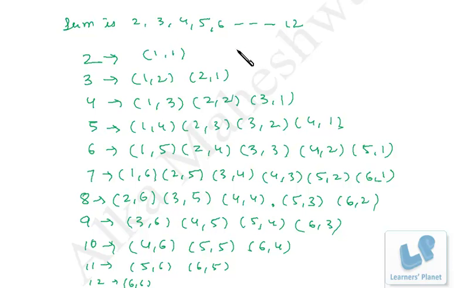So the number of combinations for each sum is 1, 2, 3, 4, 5, 6, then 5, 4, 3, 2, 1. So these are the sample spaces for each number, right?